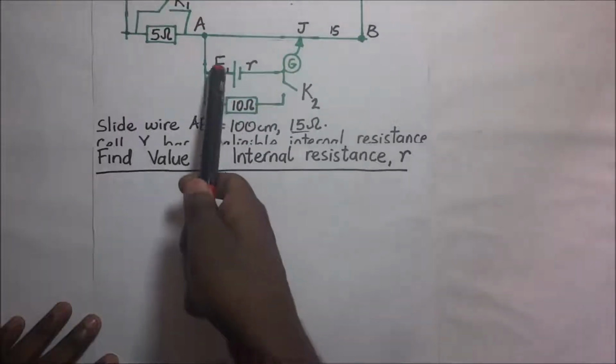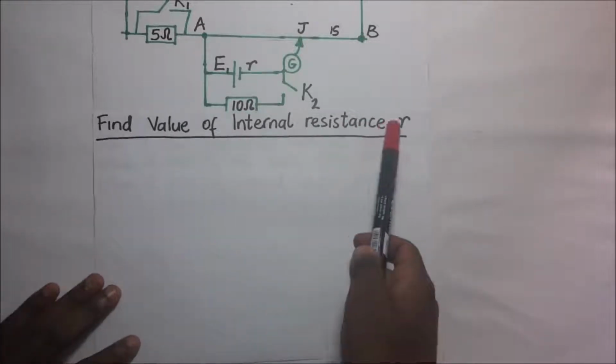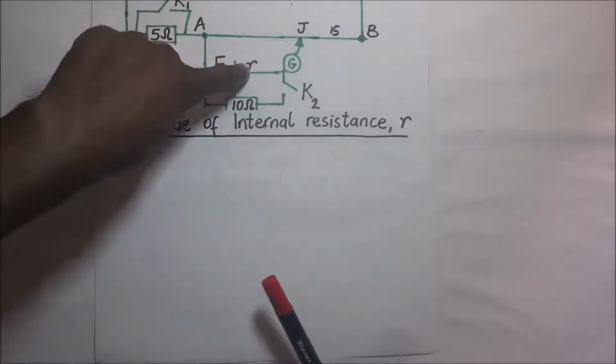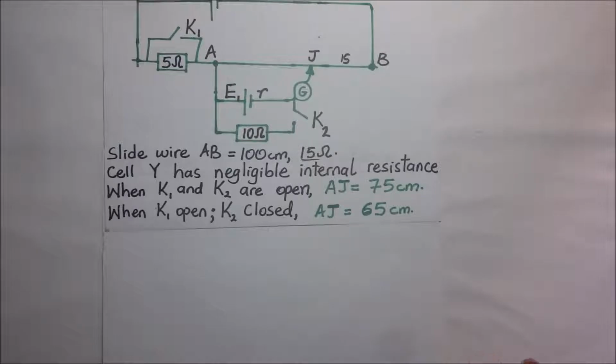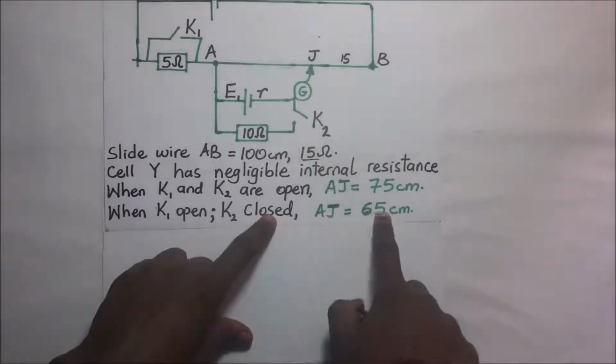Now that we have the EMF of that cell E, we're being asked to find the value of the internal resistance R. Here again, our question says that when K1 is open and K2 is closed, the balance length is 65 centimeters.